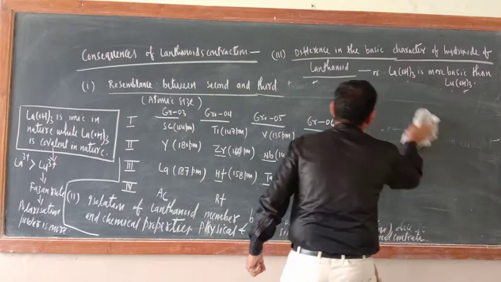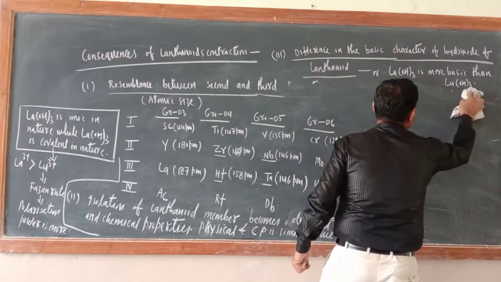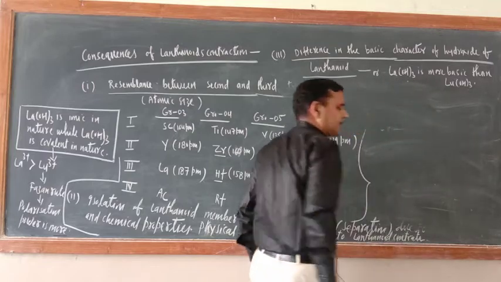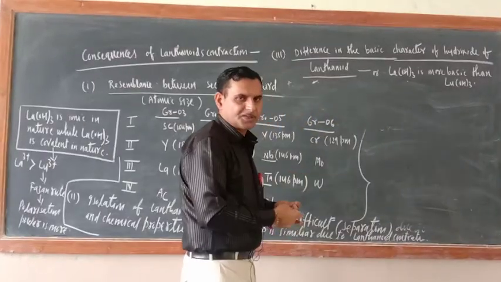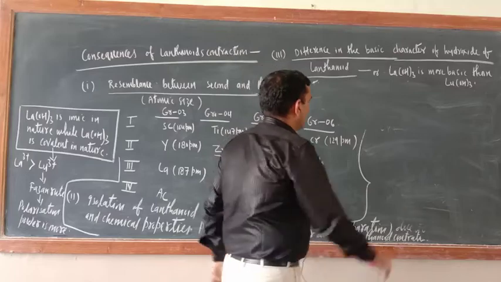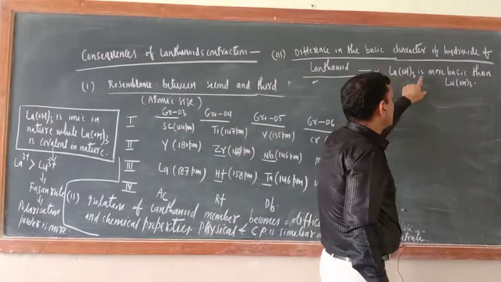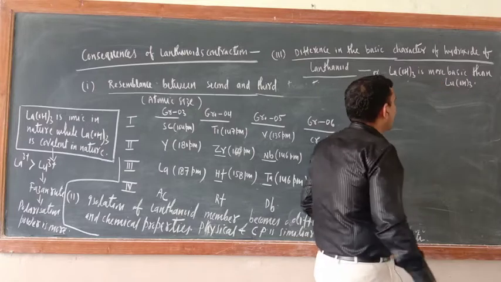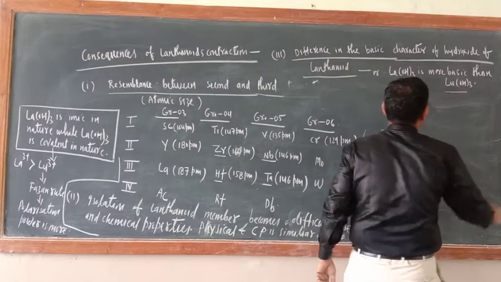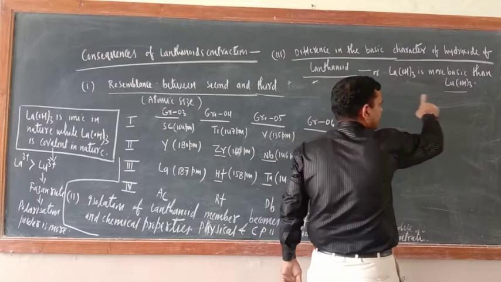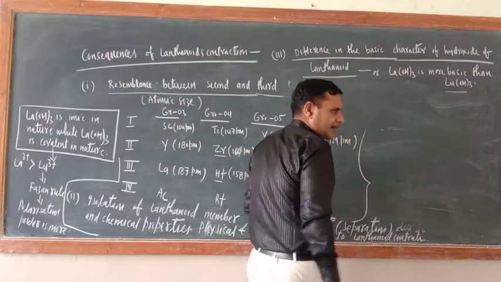Try to understand. The first member is, it is a tradition that we include lanthanum, but actually that is not a member. So here I wrote one question: La(OH)3 is more basic than Lu(OH)3. La means lanthanum hydroxide, Lu means lutetium hydroxide.